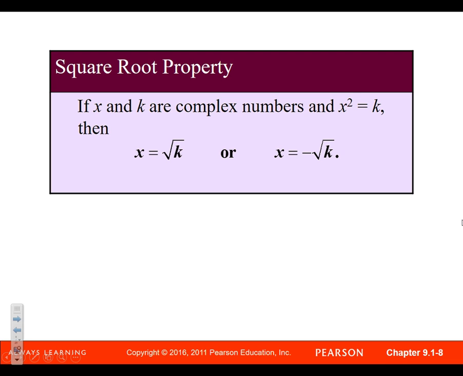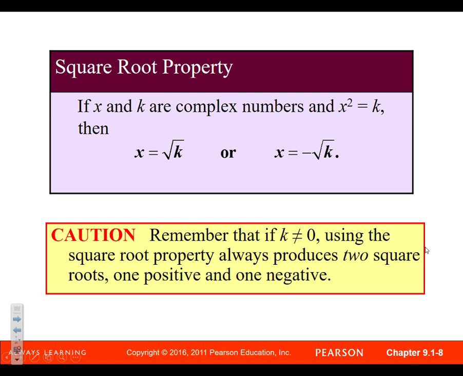Does everyone understand why it's plus or minus? Someone not? Alberto? You okay over there?